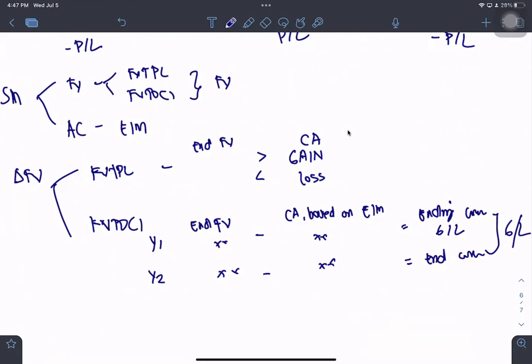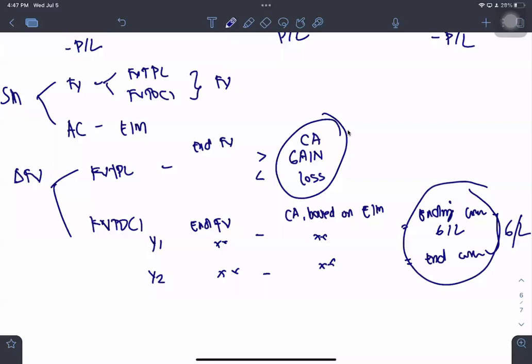And this difference is your ending cumulative gain or loss. The difference between the two ending cumulative gains or losses is the amount of your gain or loss in changes in fair value. Take note of the difference. Again, you are getting an ending cumulative gain or loss here in FVTOCI, while in FVTPL, whatever you get is already the gain or loss.